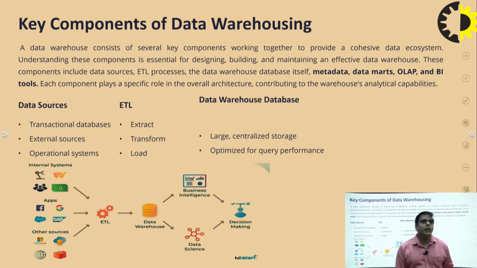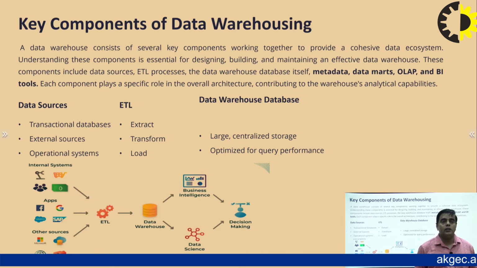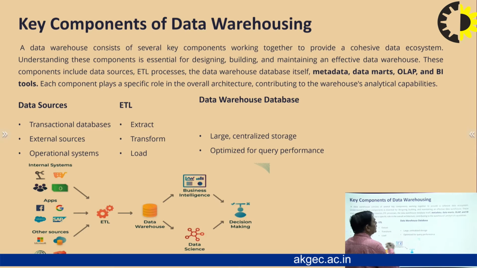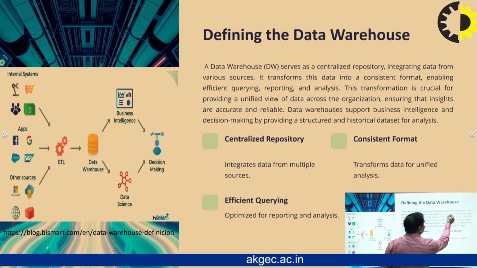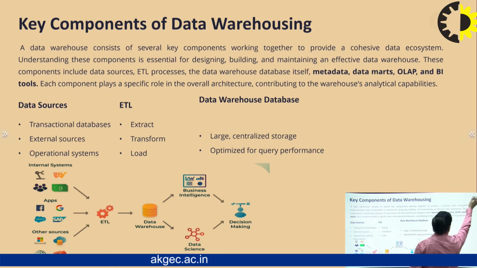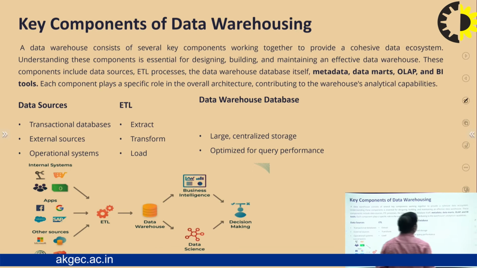Next are the key components of a data warehouse. The major components are the data source, ETL tools, and data warehouse databases. Other than these, the other components are the metadata, data marts, OLAP servers, and BI tools.